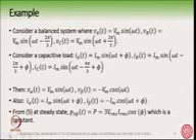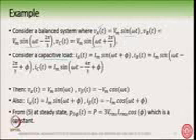Let us consider a balanced system where you have VAT as Vm sin omega t, VBT as Vm sin omega t minus 2 pi by 3, and VCT as Vm sin omega t plus 2 pi by 3. Now let us assume that it is a capacitive load. So, the current will be leading the voltage.